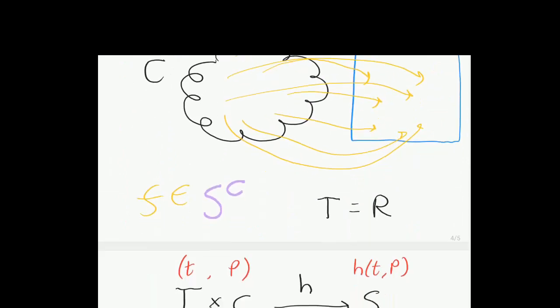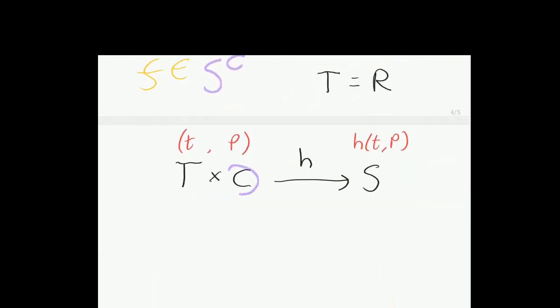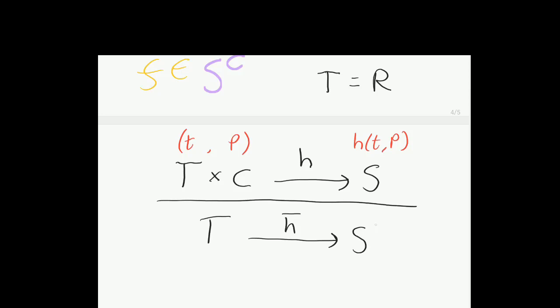In a similar way, we can take this thing on the right hand side and shift it up here. So we can say that this H corresponds to another map, which we can write like this. This is often called the transpose of H in general when we're dealing with exponential objects.